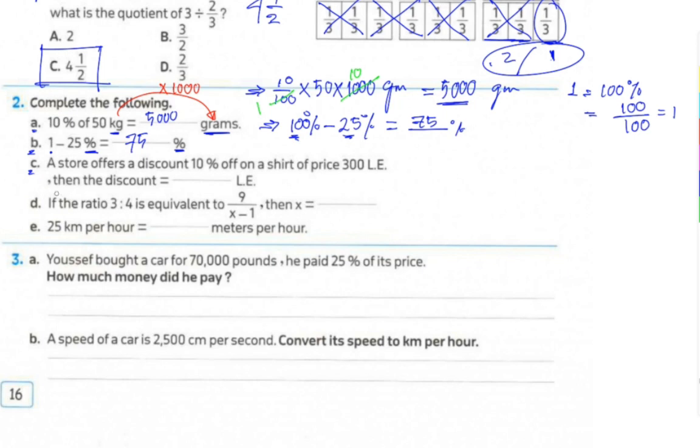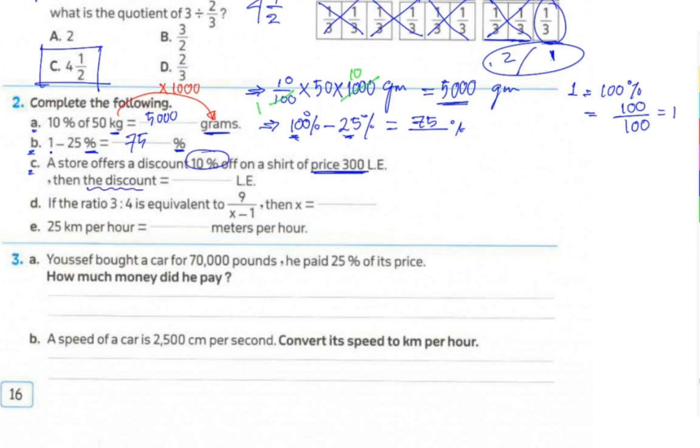C. A store offers a discount of 10% off on a shirt of price 300 LE. Then the discount equals what? We know that I have the discount as a percent and the total price as the whole. I need to find this part.